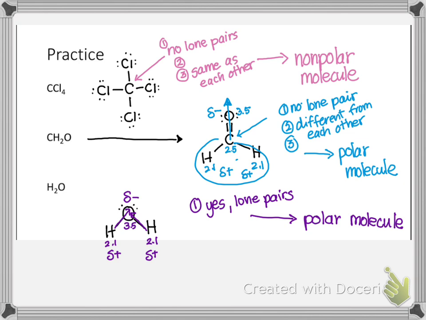So let me show you two ways, if you're asked to draw that. Sometimes I see people just put the negative up here and then the positives down here, because the oxygen's negative and the hydrogens will both be positive. Again, it's equal, so you're not going to have extra negative or extra positive. They cancel each other out.